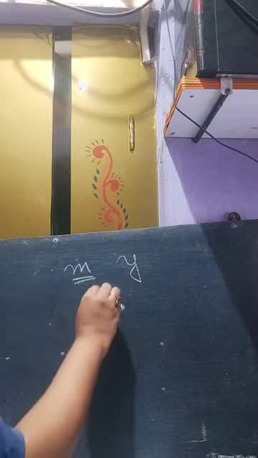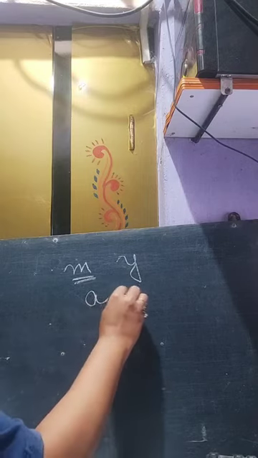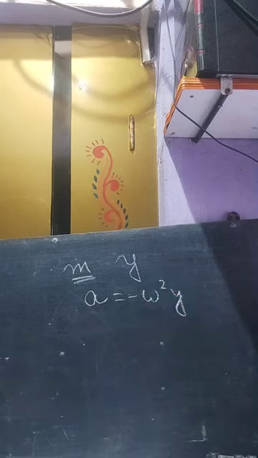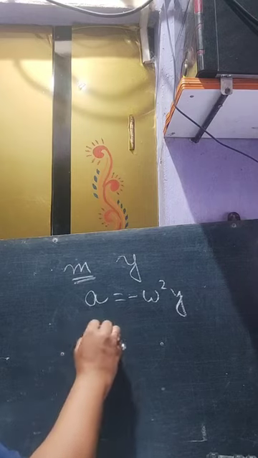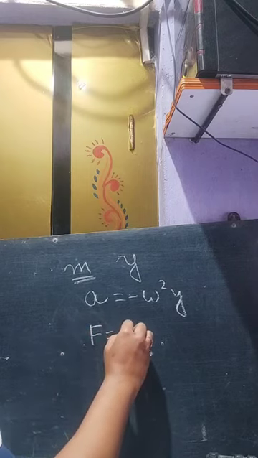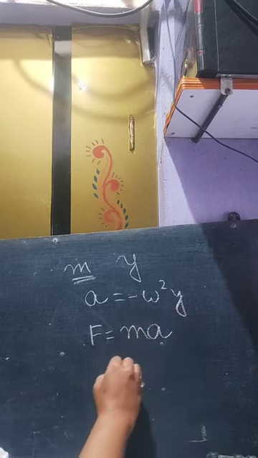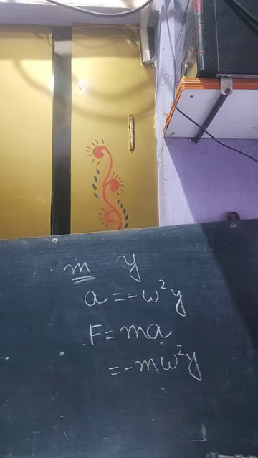If a be the acceleration of the particle at that instant, then by the characteristics of SHM we can say a equals minus omega square y, where omega square is the constant, and the magnitude of the restoring force acting on the particle at this instant is given by F equals mass into acceleration, that is m omega square y.